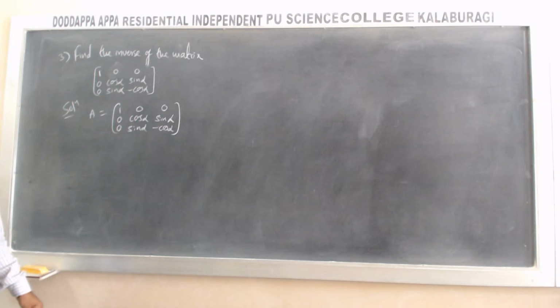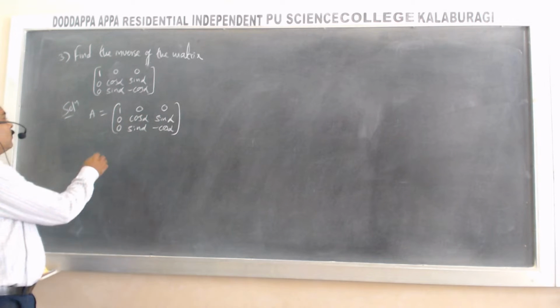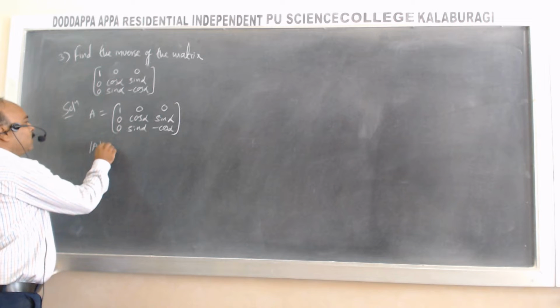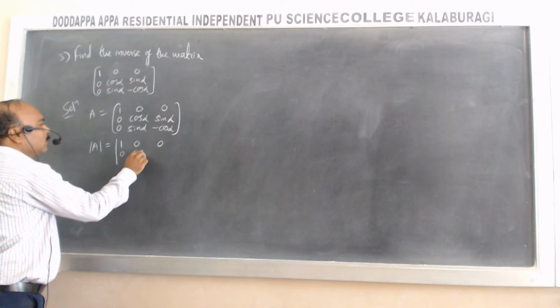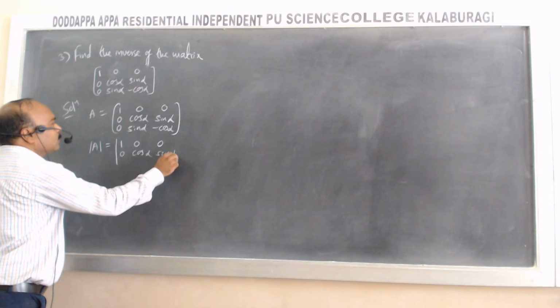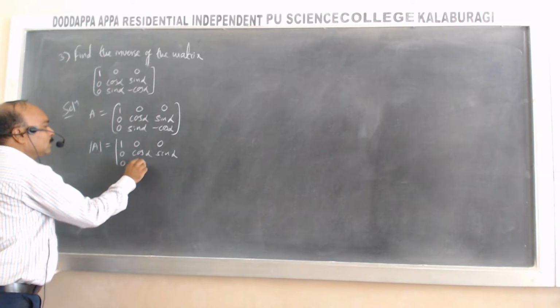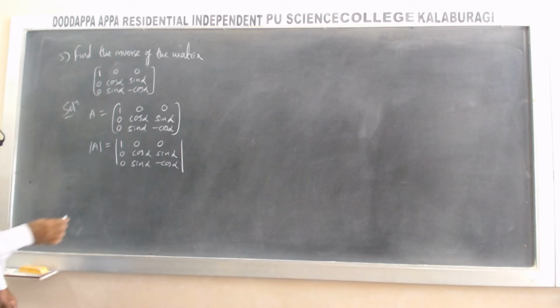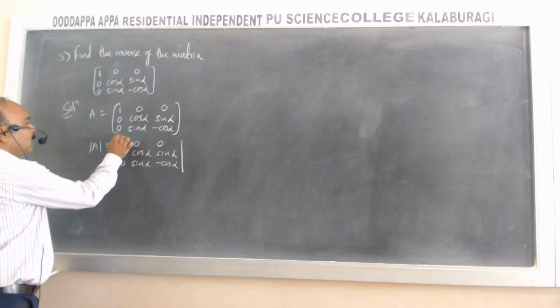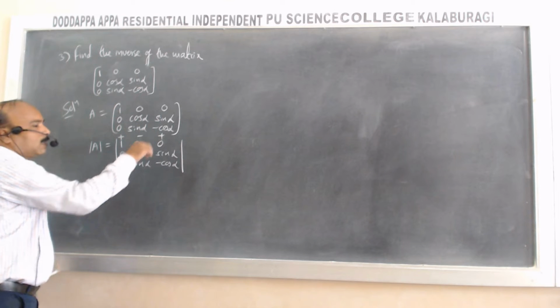Now first we confirm it is a non-singular matrix. For that we find the determinant of A. By expansion of this determinant we get plus minus plus.